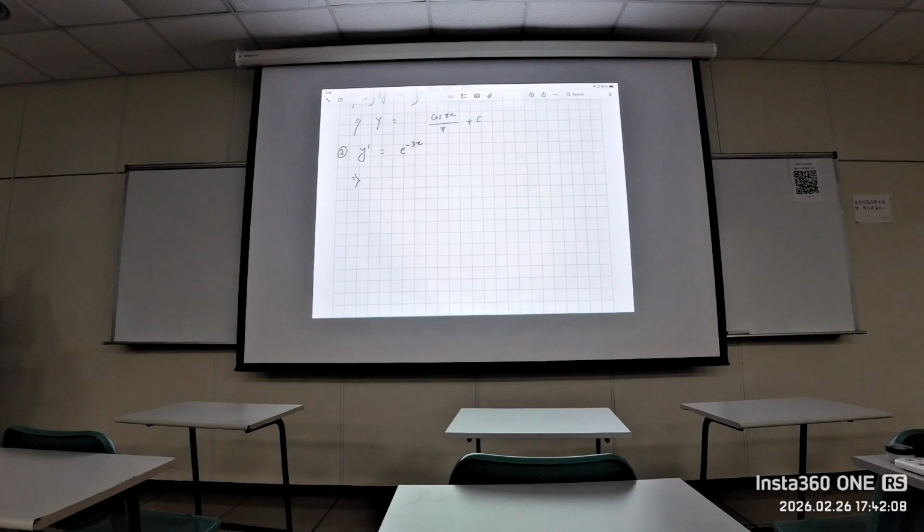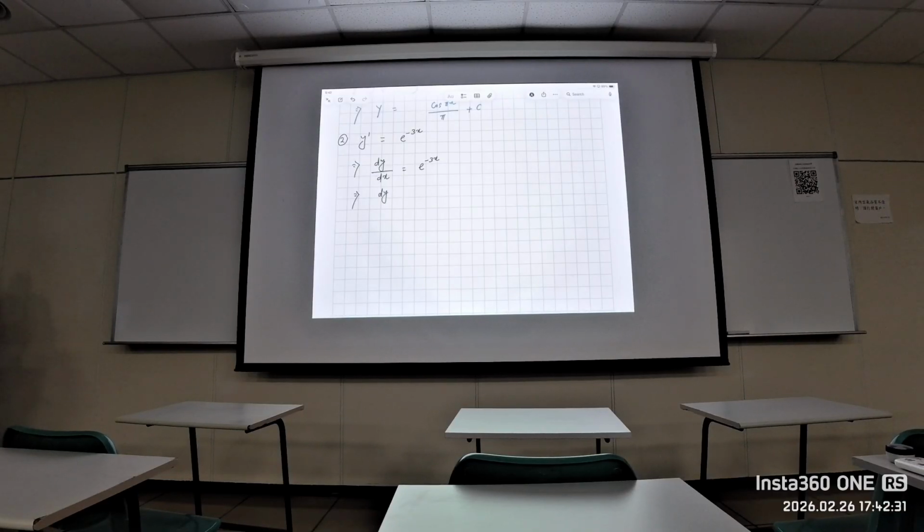So how to proceed? This is dy by dx is equal to e to the power minus 3x, and then I can take the dx to the other side. This is dy is equal to e to the power minus 3x, and here we have the dx.